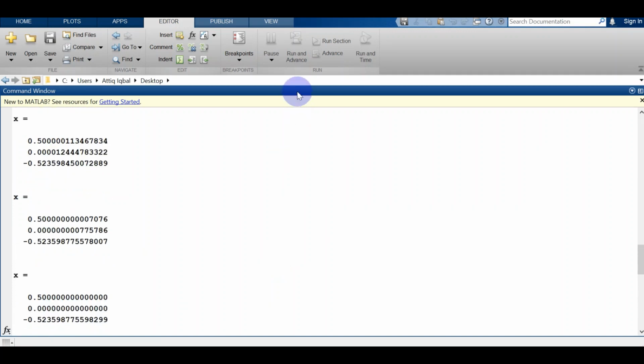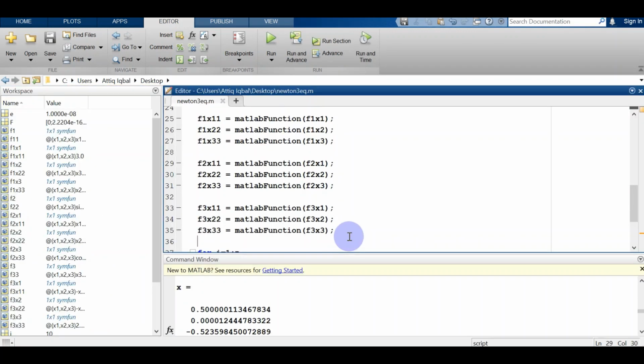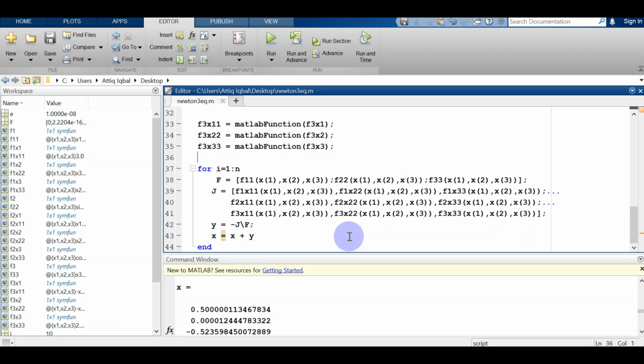One thing that is missing is a stopping criterion. So I should check, whenever I get my y, the norm of y, and it should be less than the tolerance. To calculate the 2-norm, there is a built-in MATLAB command which is just norm. It will calculate the second norm.